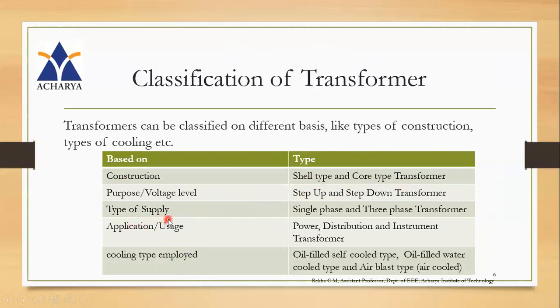Depending on type of supply, as single phase and three phase transformers. Depending on application, as power, distribution and instrument transformers. Depending on cooling type, as oil-filled self-cooled type, oil-filled water-cooled type, and air blast or air-cooled type.